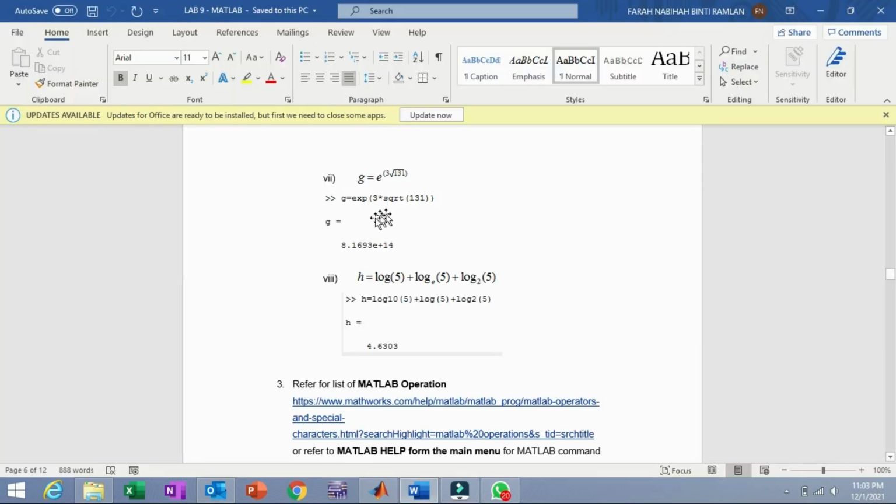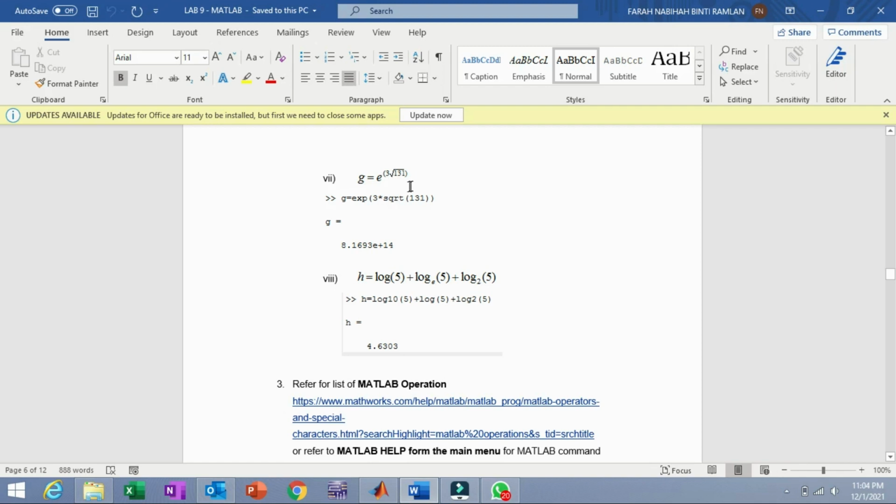Next, for the next question in part A, the question given is G equals e to the power of 3 times the square root of 131. In Matlab, G is the same, but we change e to EXP with 3 in brackets, then multiply by the square root.